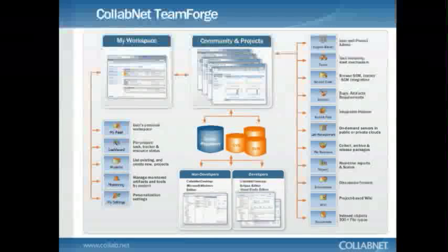CollabNet TeamForge is our central development platform that allows all team members, whether they're from the business, development, or operations, to work effectively together. It gives you all of the tools you need for software development and effective collaboration, with role-based access controls built in.